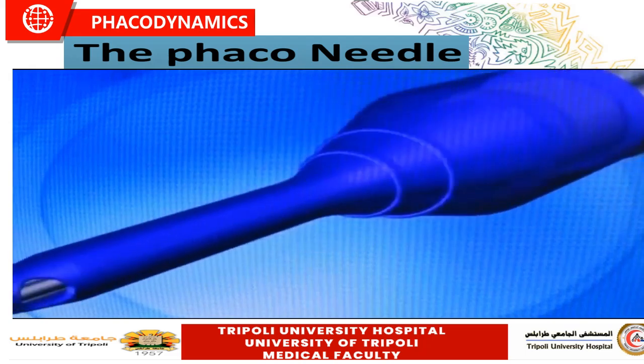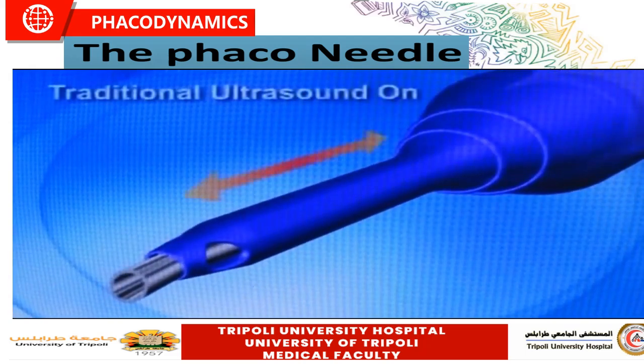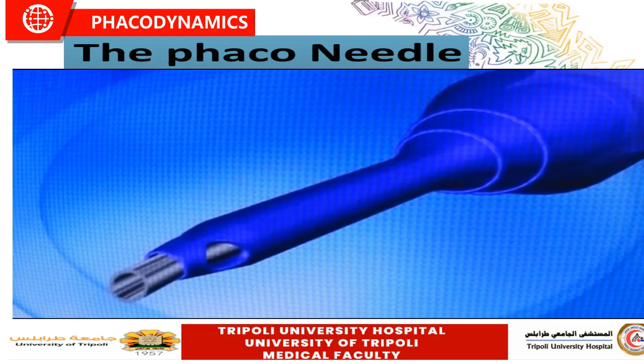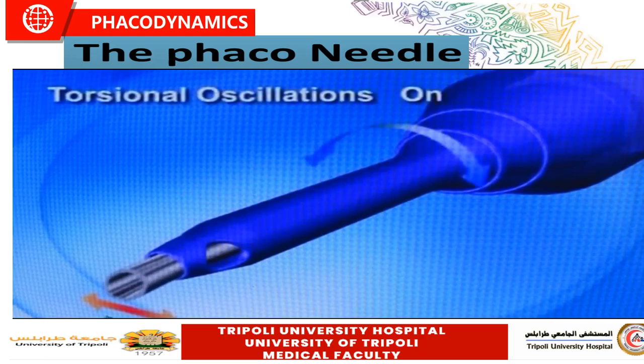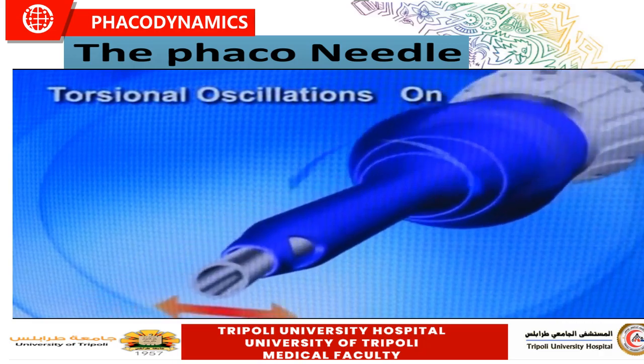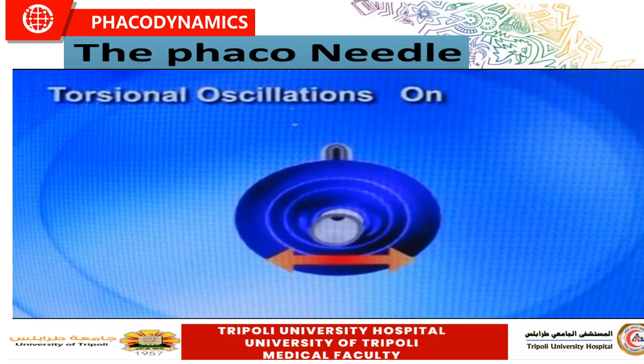Now, in this animation, I will show the functions of the Phaco needle in transmitting the Phaco energy to the lens fragment. As you can see here, this is the traditional movement, and then the oscillation, that's the torsional movement with 20 to 30 degrees semicircular movements of the Phaco needle.